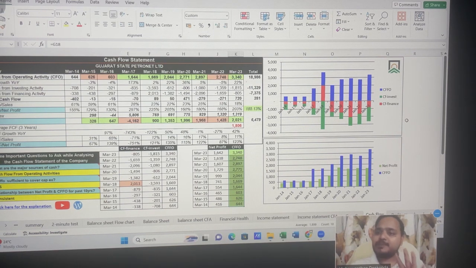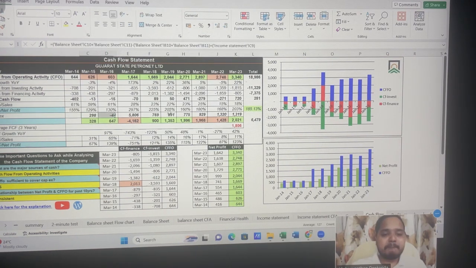I want companies to run business, sell products or services, make profits, generate cash. That should be the major source of cash, not borrowing money or selling equity and raising capital. That shouldn't be the major source. With GSPL, you can clearly see the major source is cash flow from operations. Next question is whether the cash flow from operations are sufficient to cover the capex.